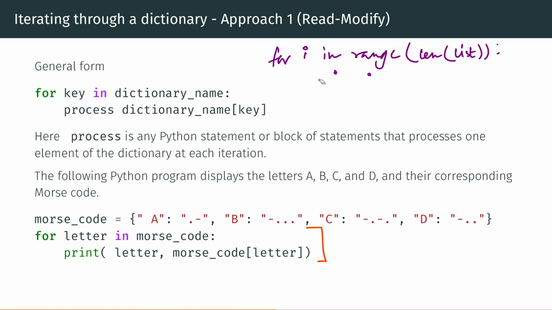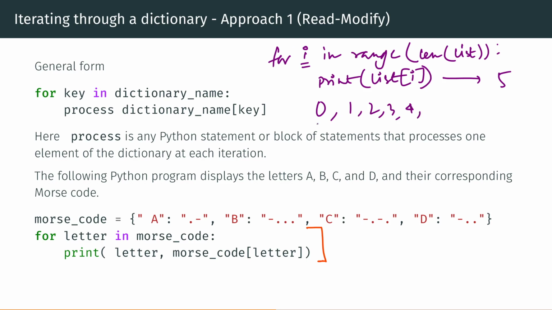Let's say we want to print the element in the list. We just say print list i. So if the length of the list is 5, we knew that i would range from 0 through 4, right? We knew that. And that is something that we could use in lists.